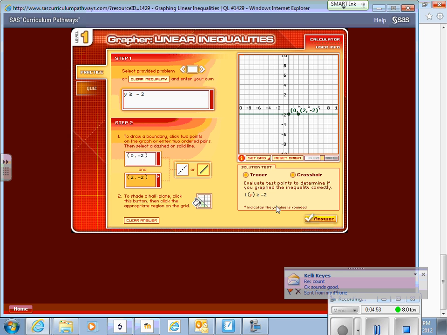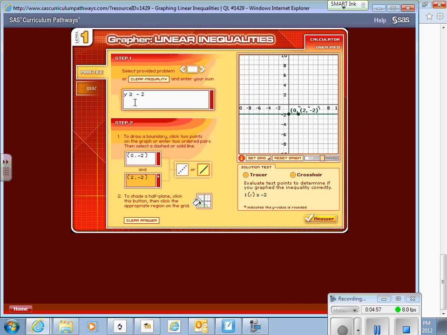It says greater than or equal to, so I need to fill up my paint bucket, and 0 is greater than -2, for example, on the y-axis. So it will shade everything above that line.